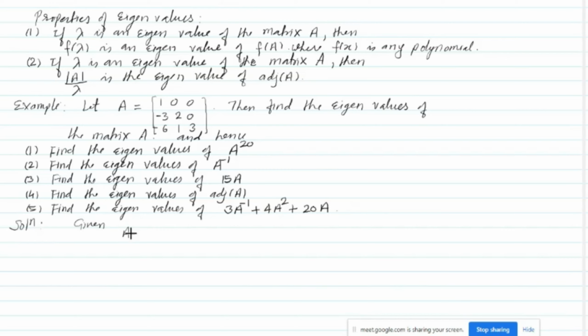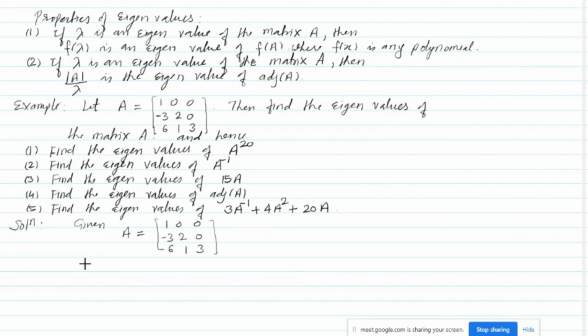Given matrix A is equal to 1 0 0, minus 3 2 0, and 6 1 3.